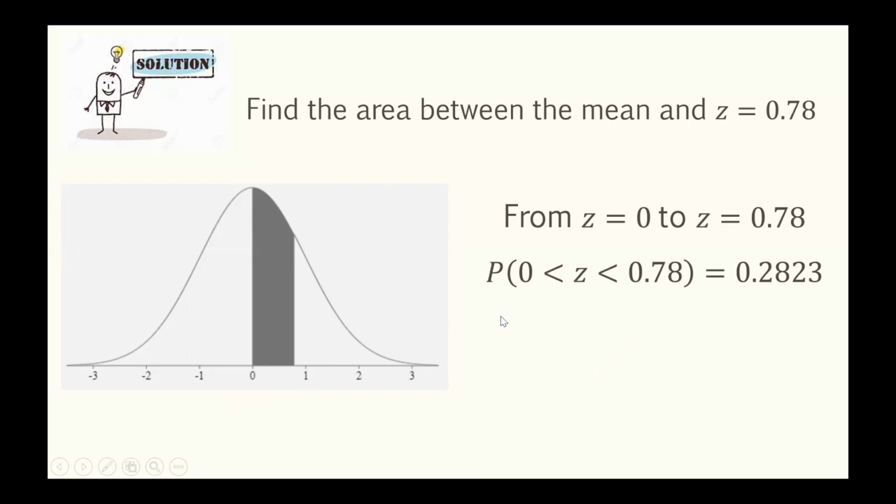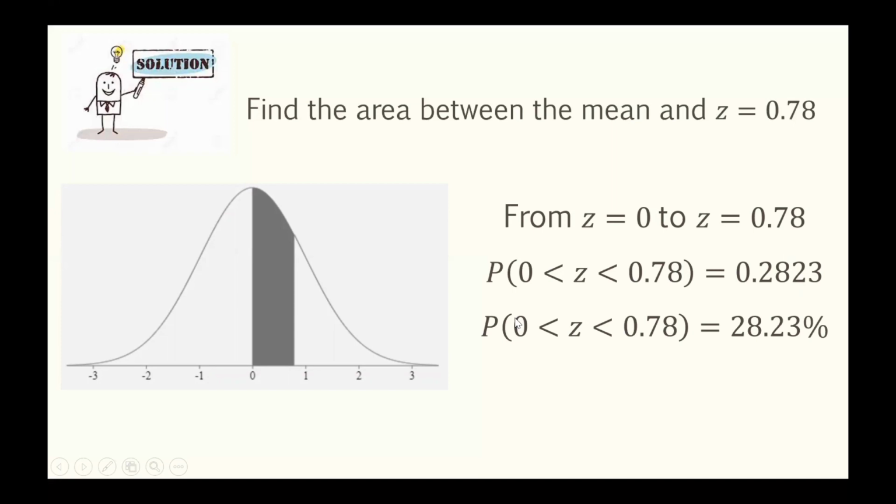Writing the symbol in getting the probability, that is P, open parenthesis, 0, less than z, less than 0.78, and that is equal to 0.2823. This number is from the standard normal table. In percent, that is 28.23%. Thus, the area between the mean and z equals 0.78 is equal to 28.23%.